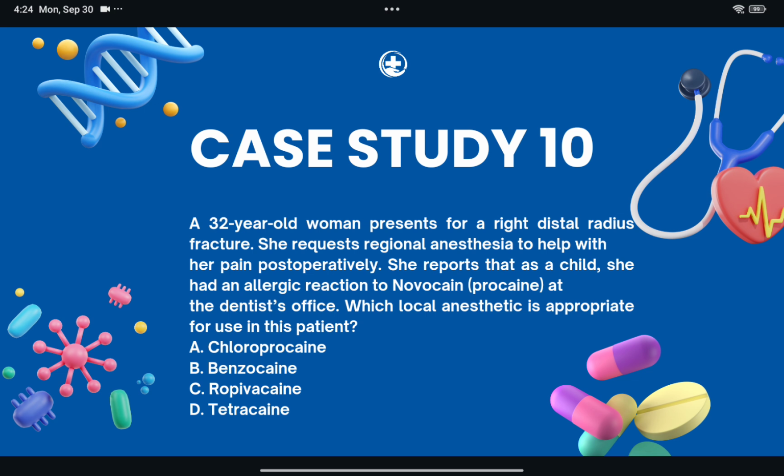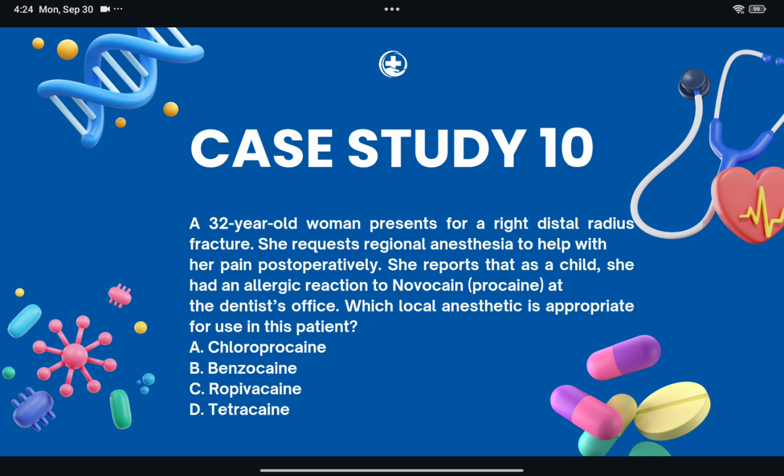Now, a 32-year-old woman presents with a right distal radius fracture. She requests regional anesthesia to help with her pain post-operatively. She reports that as a child she had an allergic reaction to Novocaine, that is procaine, at the dentist's office. Which local anesthetic is appropriate for use in this patient? Procaine is an ester local anesthetic, to which she is allergic.